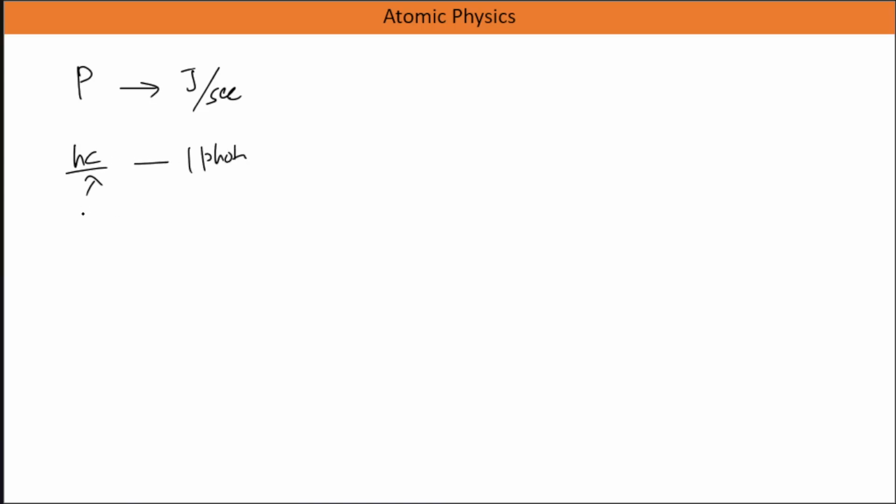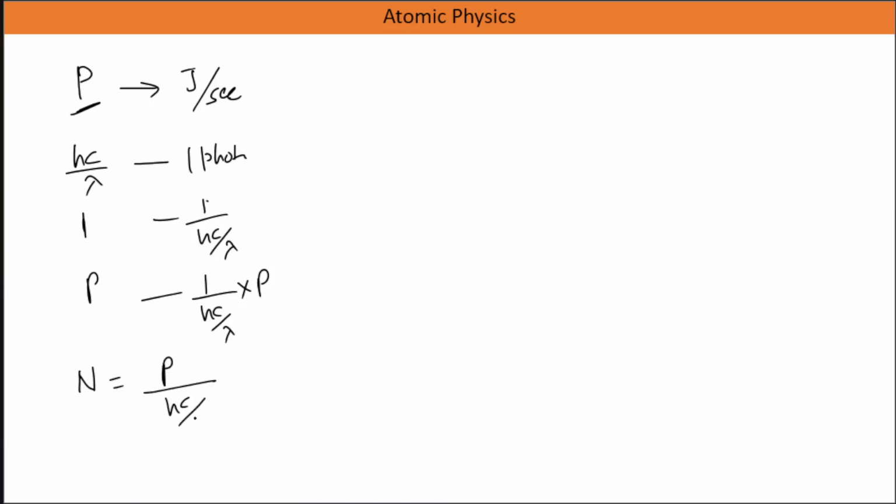So 1 joule of energy will be contained in 1 by hc by lambda photons. So for P joule of energy, the number of photons is P into 1 by hc by lambda. So if you know the power of the radiation, you can easily calculate n. n will be equal to P by hc by lambda.